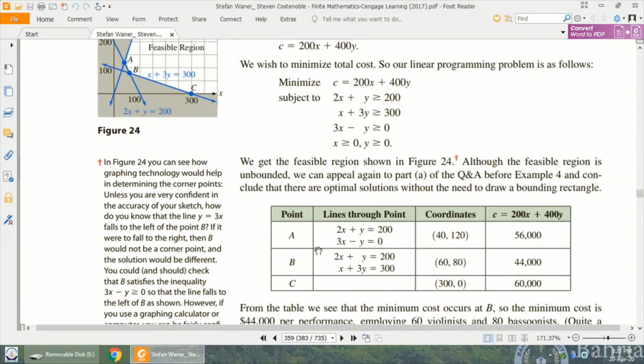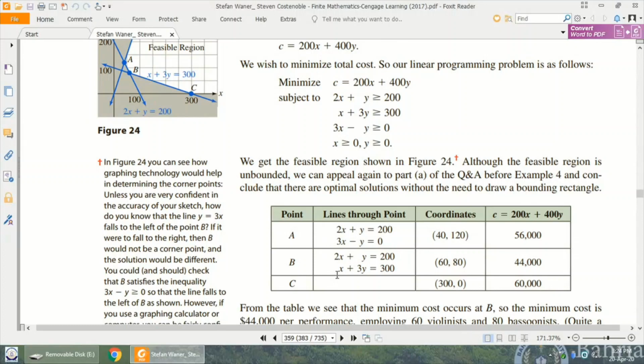Let's look at the other situation. In this part we have 2x plus y is equal to 200, and then we have this other equation, to find out the value of either of those.